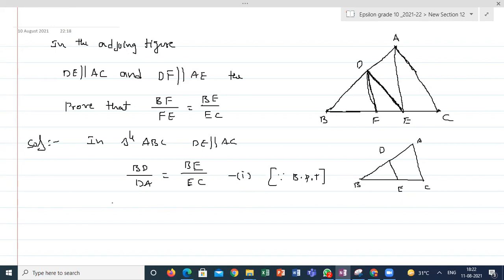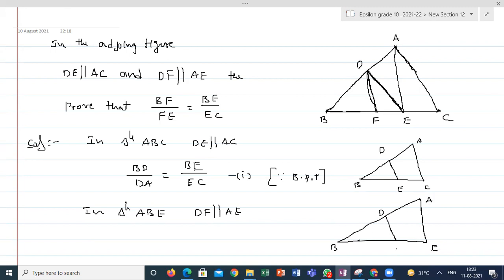Now, I am taking the second triangle. Second triangle is which? Triangle ABE. In triangle ABE, DF is parallel to AE. This is triangle ABE, and this is DF.